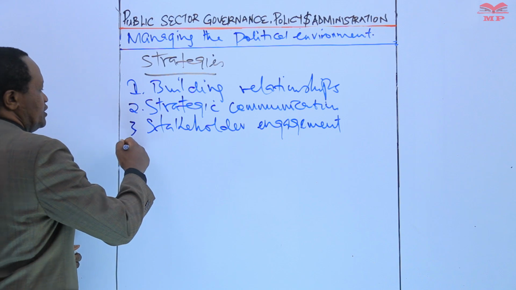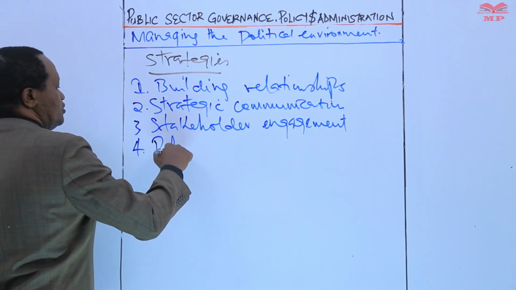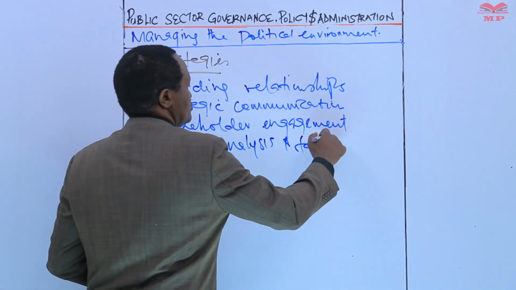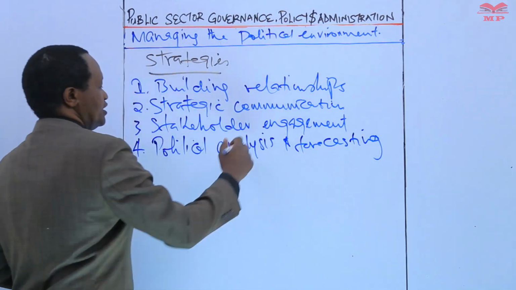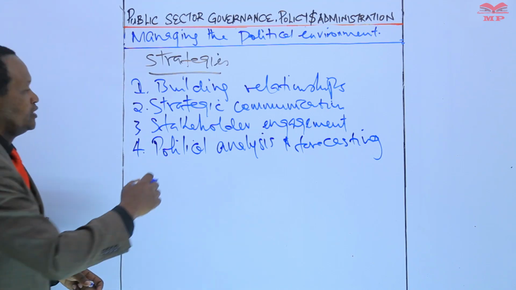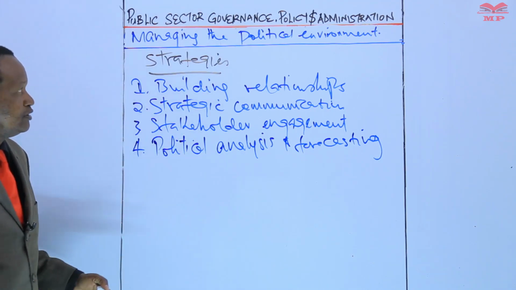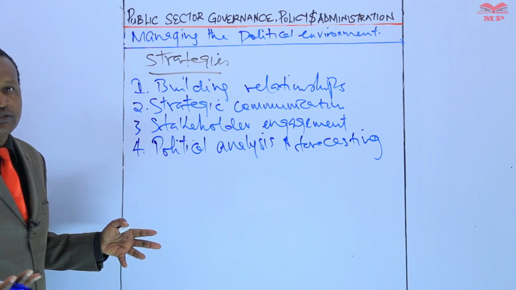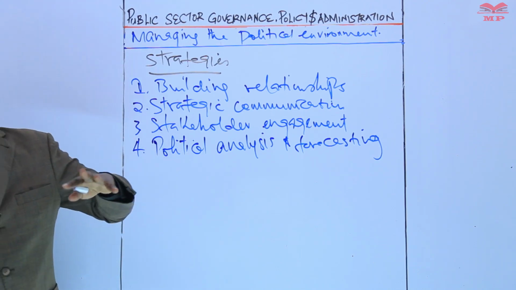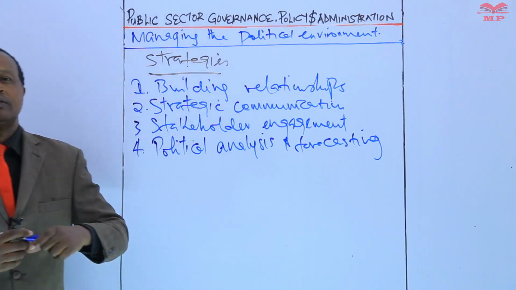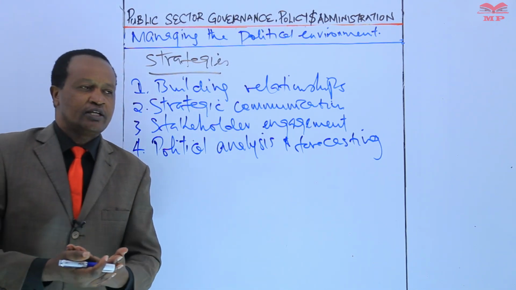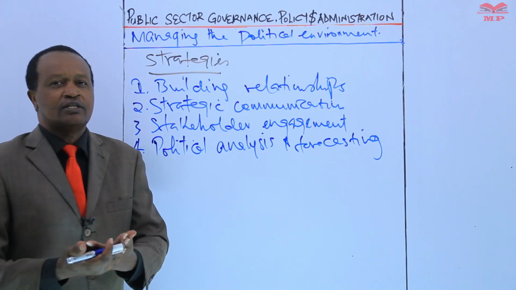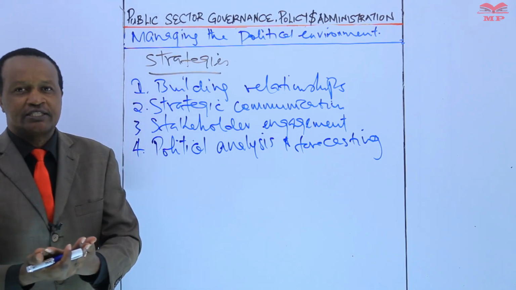The fourth strategy, political analysis and forecasting. Political analysis and forecasting is a strategy that can be employed by public administrators in managing the political environment. That means staying informed about political trends, political developments, as well as potential risks.